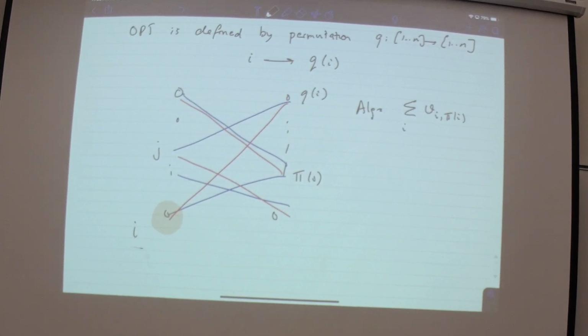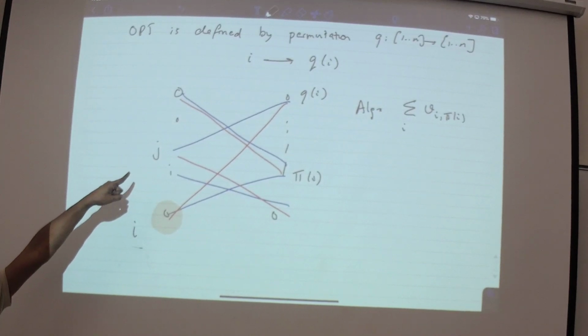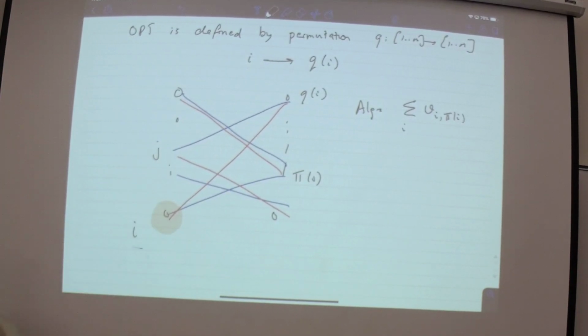But suppose I summed it up in a different way. I said, okay, rather than summing up all the blue edges in the usual way, for each I go do this weird thing and find J and sum up all the V of J, Q of I. My notation is a little sloppy here because it's not clear what I is, but imagine that this procedure is what generated J, and I'm summing it up this way.